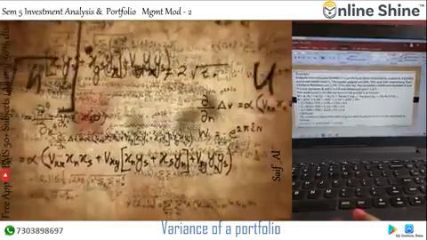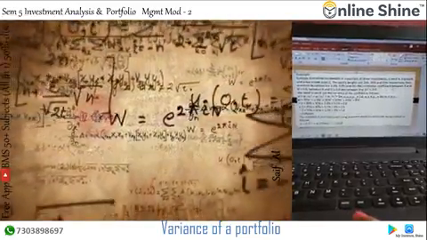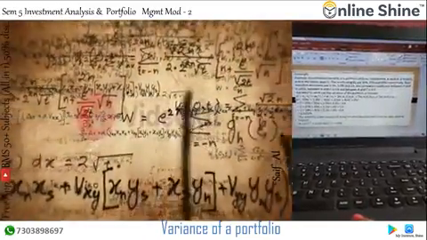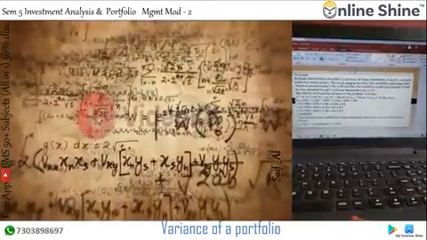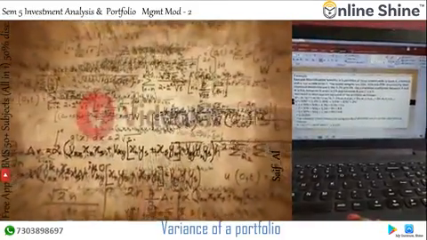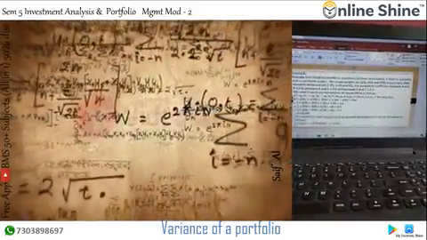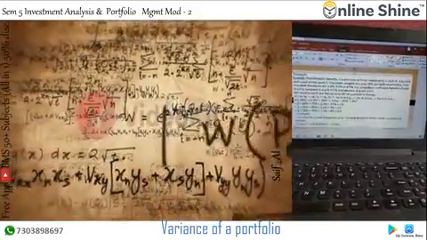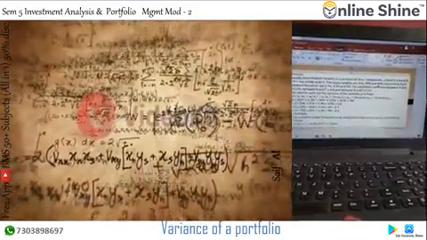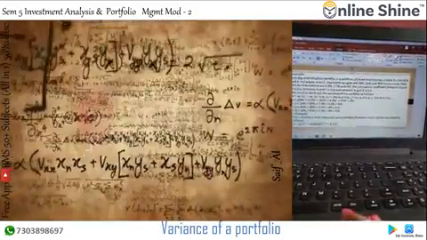And the correlation coefficients are rho AB equals 0.6, AC equals 0.8, and between B and C is 0.5. So as I told you, we use the formula of variance of a portfolio of 3 assets, because here is a portfolio of 3 investments.